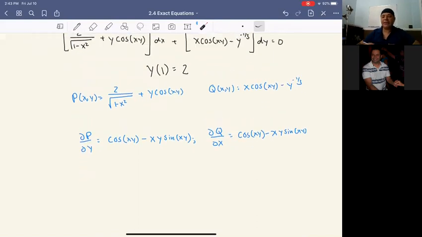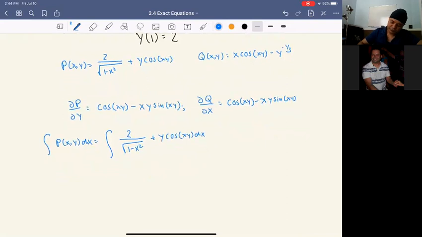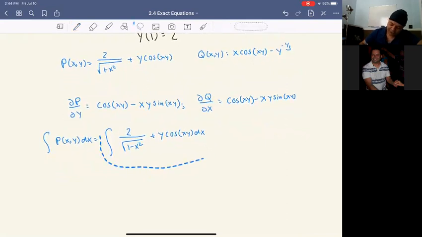Now, let's go ahead and take the integral of P with respect to x. That's the integral of 2 over square root of 1 minus x squared plus y cosine xy dx.